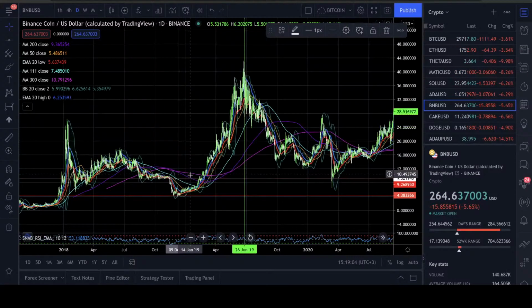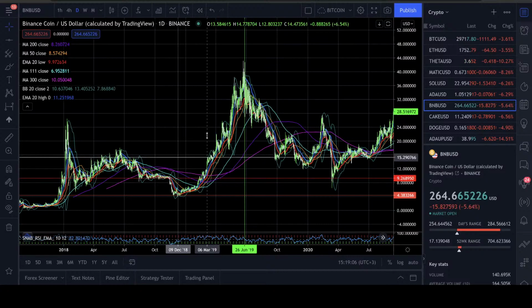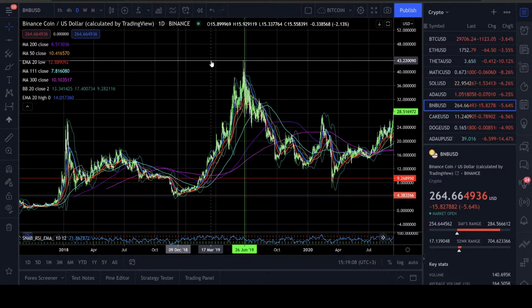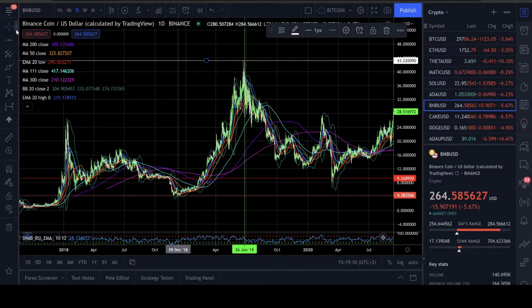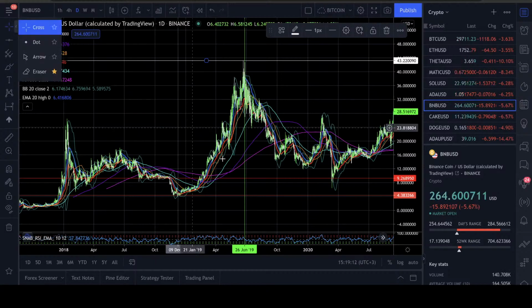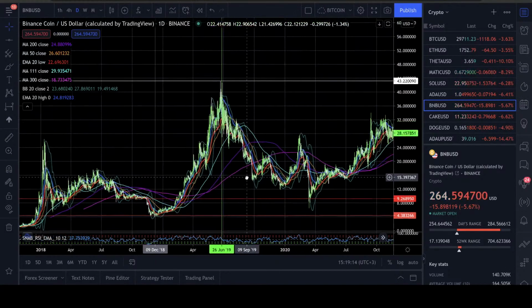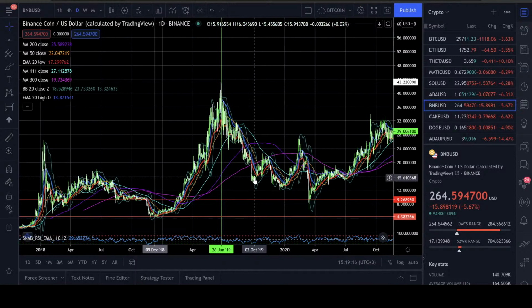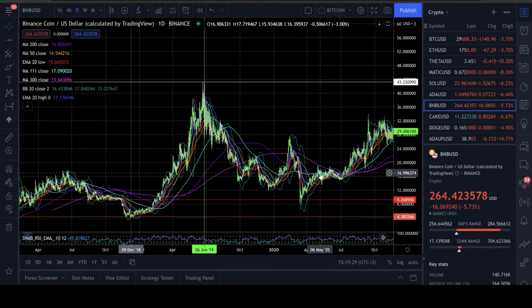So what was interesting was that during the range market, BNB actually outperformed Bitcoin in terms of return on investment. So that was a good sign. So yeah, I look at the altcoin's performance during a bear market, and if it performs really well, it will most likely shoot to the moon in the next bull market.